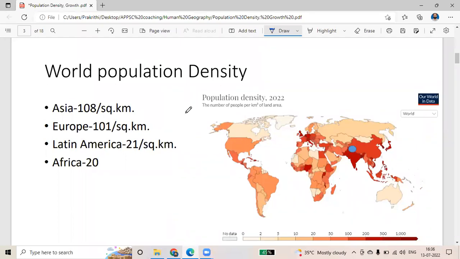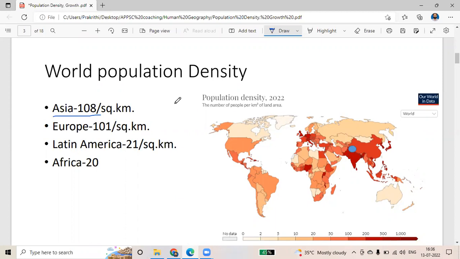If we take the major population density areas by continents, सबसे ज्यादा population density है एशिया में. Yesterday when we studied about the distribution, we said that 60% of the world's population is distributed in the Asian continent.